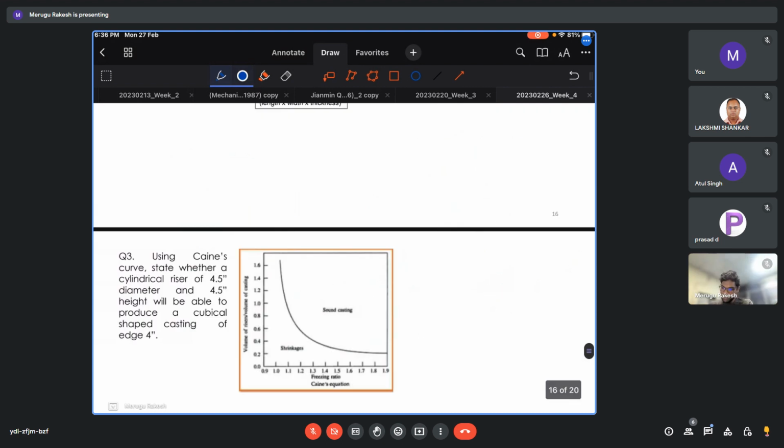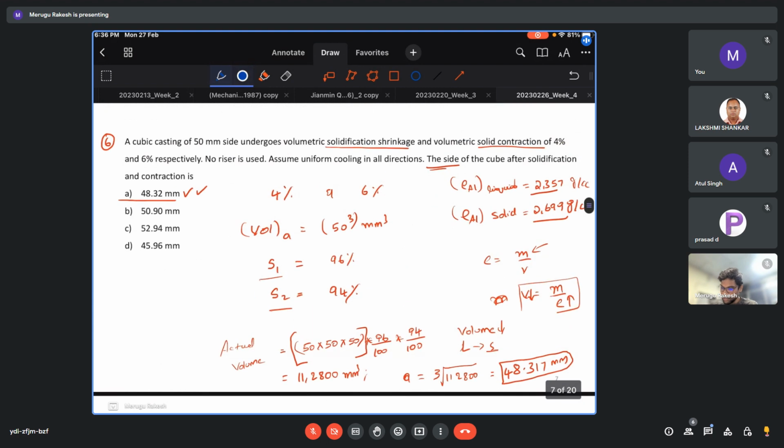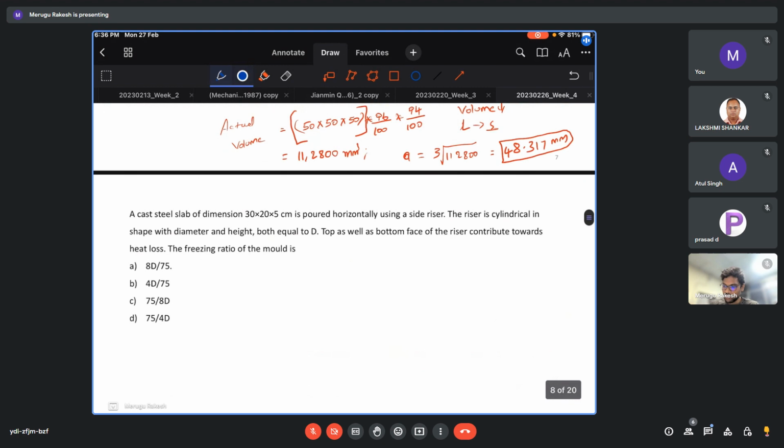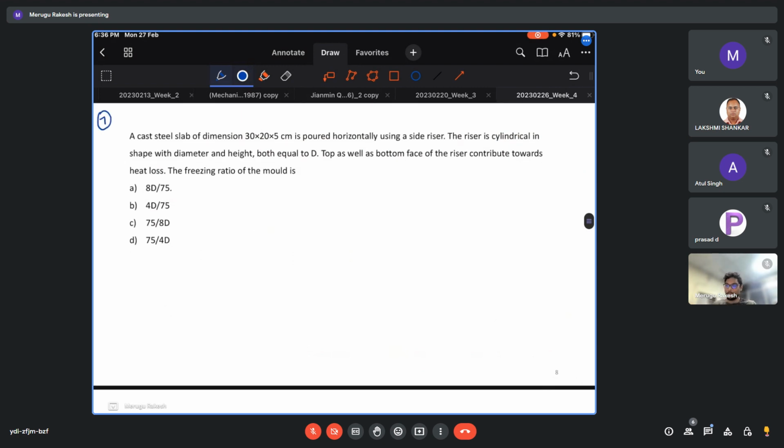Okay. Then next, let us move to the next question. So in this case, 48.332 is the correct option. So let us move to the next question. So this is regarding the freezing ratio calculations.